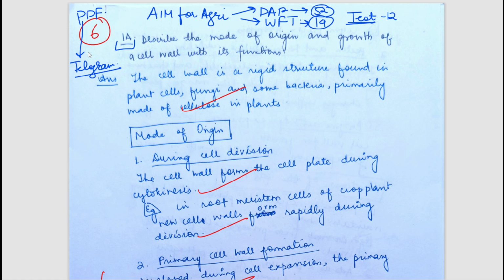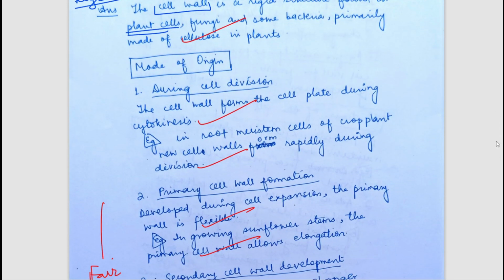So the first question is, describe the mode of origin and growth of cell wall with its function. We all know what cell wall is. It is an organelle that is present in plant cells, while the cell wall is absent in animal cells. We all know these normal things. Now we will see its mode of origin. During cell division, the cell wall forms from the cell plate during cytokinesis.